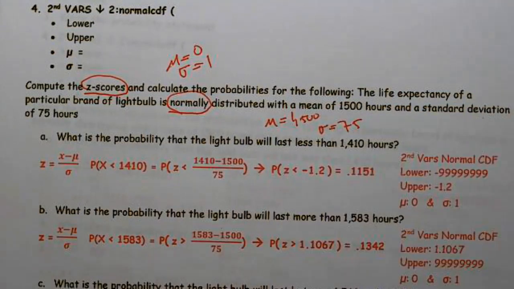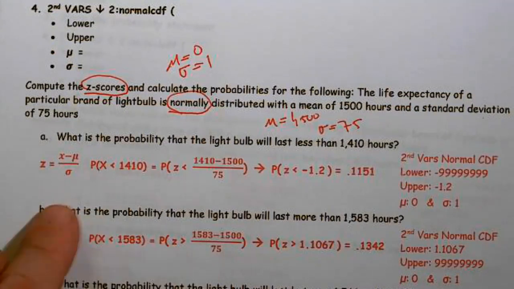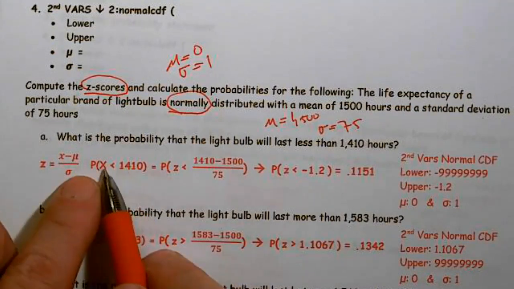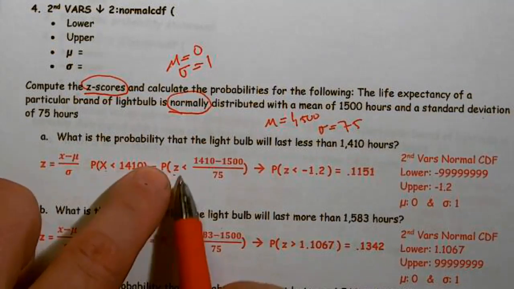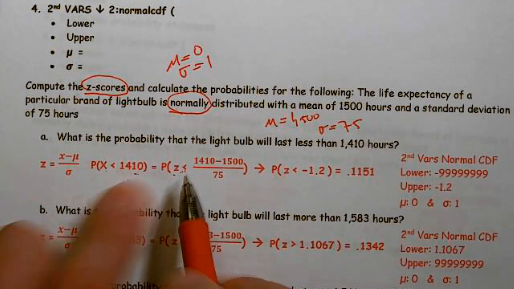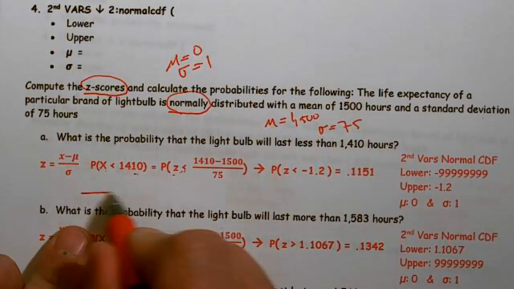All right, so we know that information. What's the probability that a light bulb will last less than 1,410? So probability that X is less than 1,410. Well, here's my z-score. And basically what we're saying is we draw our picture.